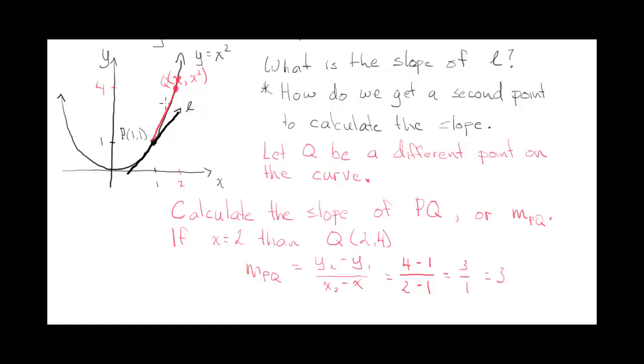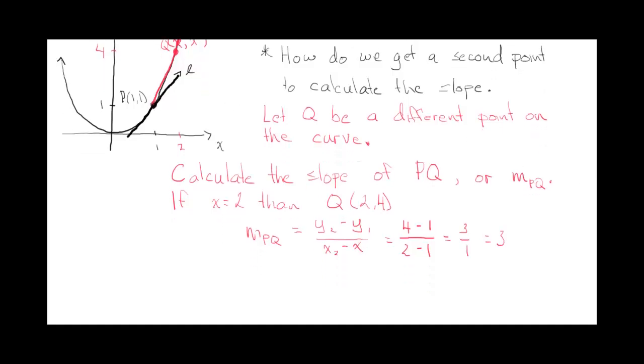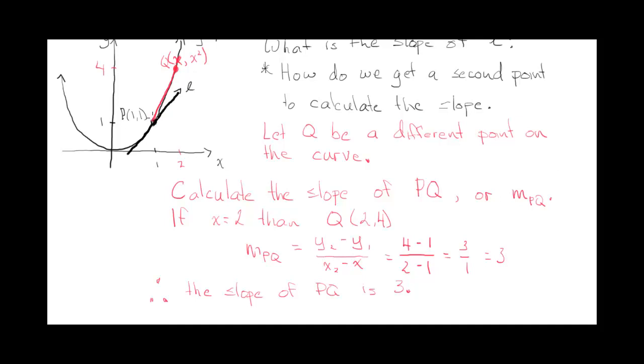So the slope of this red line is 3. Now from the drawing, you should be able to see that this red line, the slope of PQ, is clearly a steeper line than my tangent. So we know that the slope of our tangent should be less than 3.